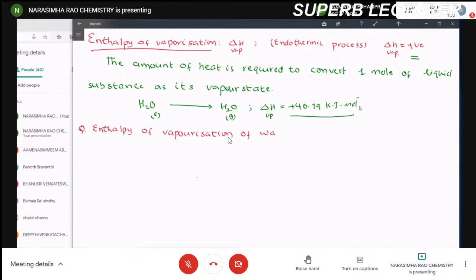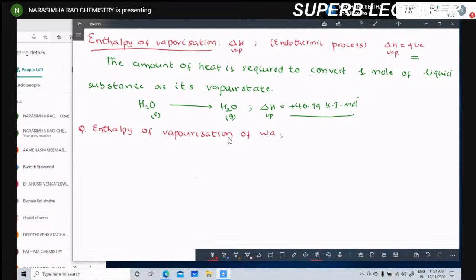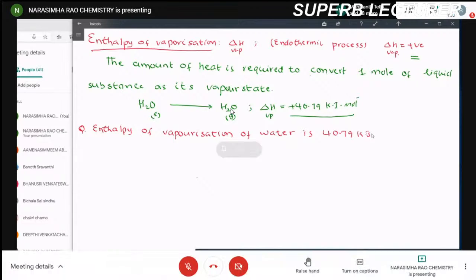Why? Because we consider one mole, molar enthalpy, remember. Molar enthalpy of vaporization of water is 40.79 kilojoules.